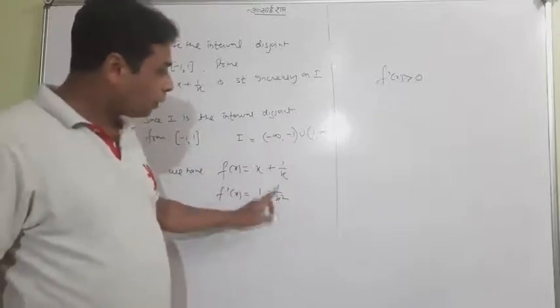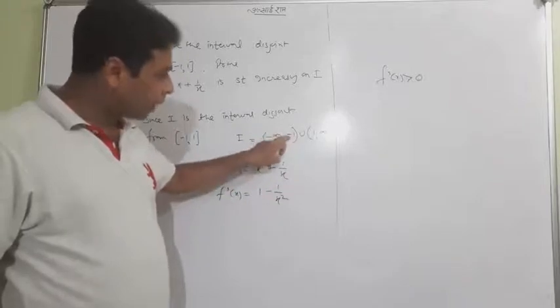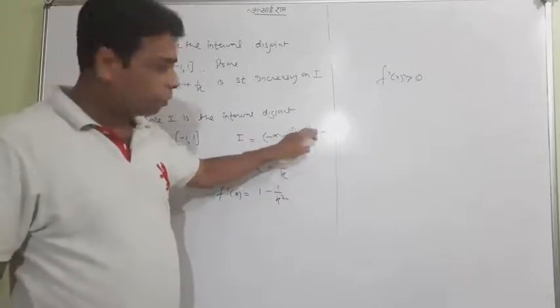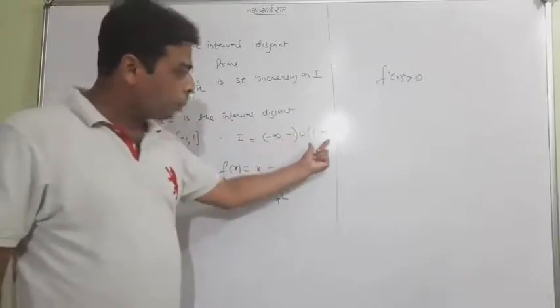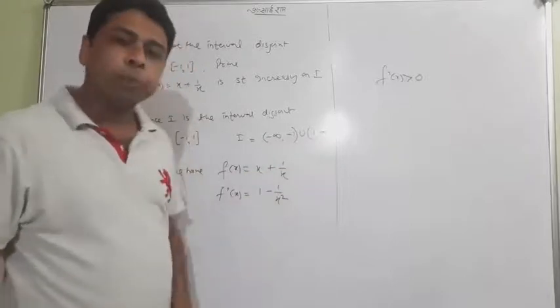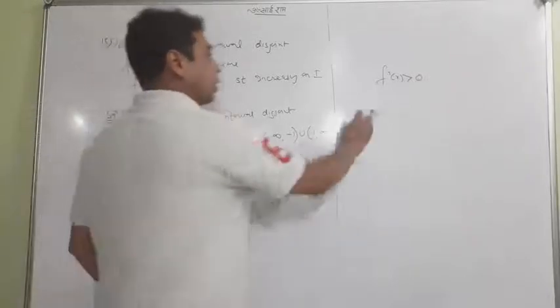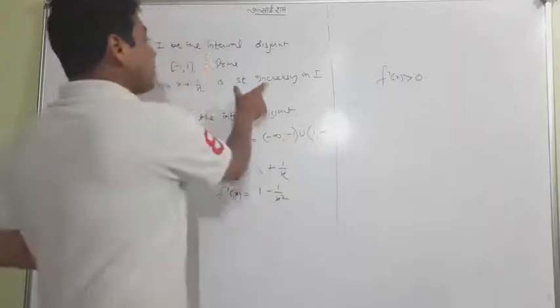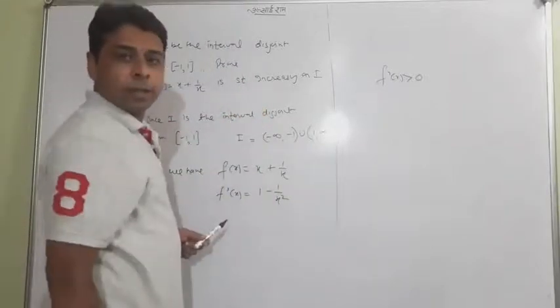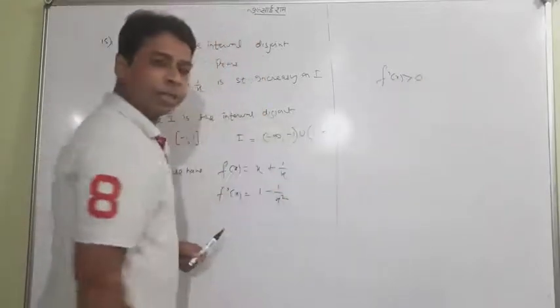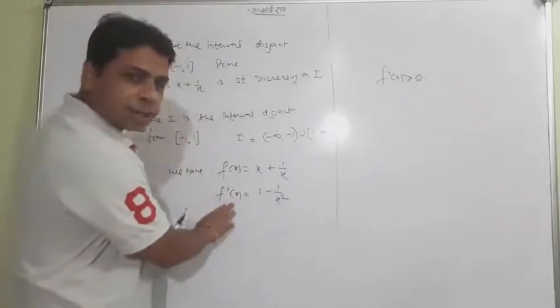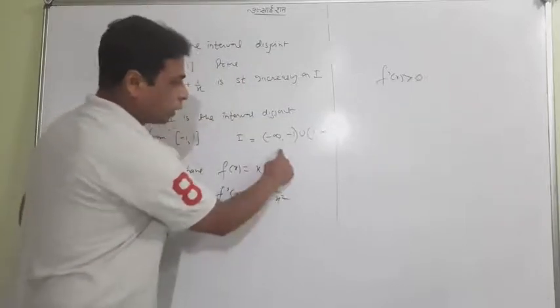Students, whatever the value you put, negative or positive, in these two intervals you will always get a positive answer. How is it so? We have to show that the function is strictly increasing, meaning f dash x is greater than 0. Does this hold for this interval?